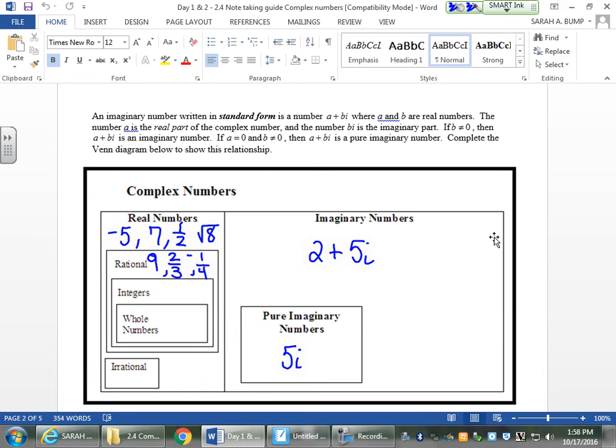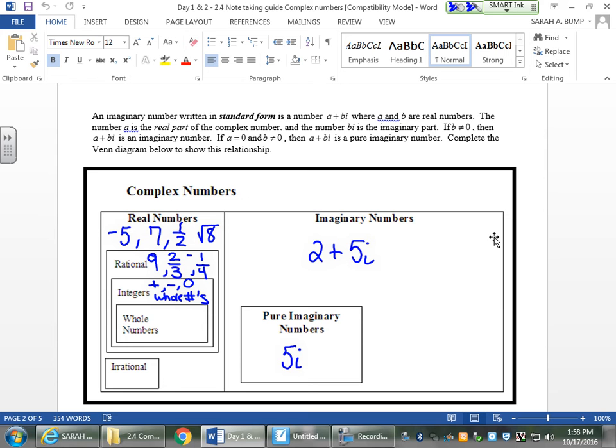Integers are the numbers that you're more familiar with on the number line. So those are positive, negative, and 0 whole numbers. Okay, so you're looking at numbers on the number line. Basically, no fractions, no decimals.